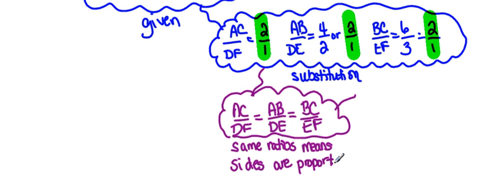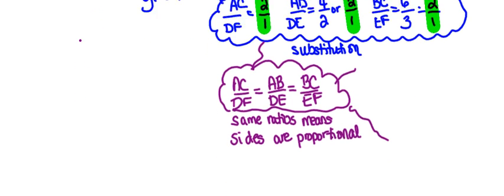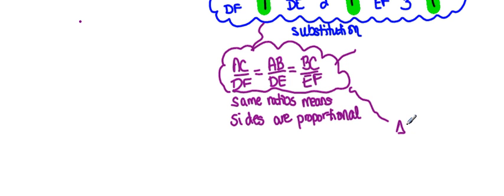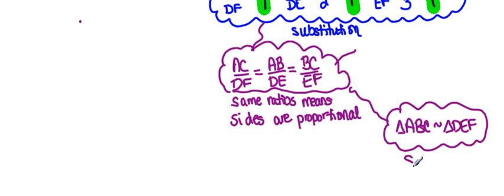And since all three pairs of corresponding sides are in proportion now, I'm all set to say that those two triangles are similar. So lastly, I can conclude that triangle ABC is similar to triangle DEF. And the reason for that, side-side-side similarity.